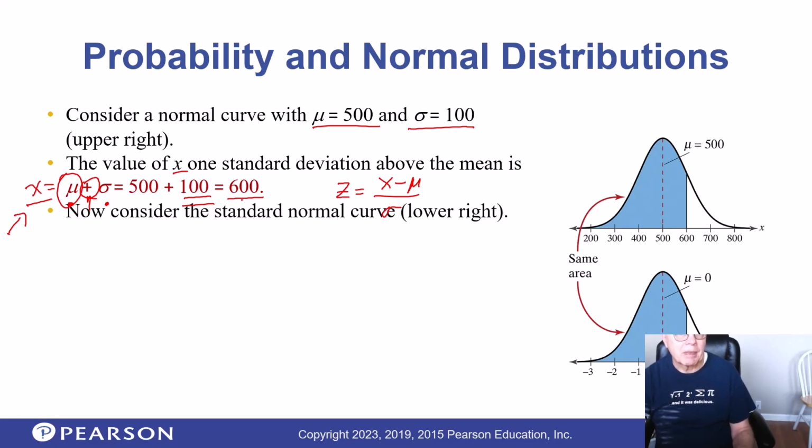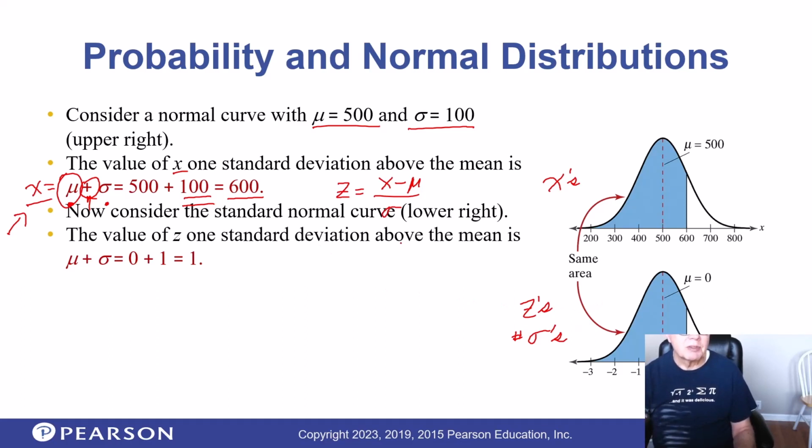Now let's look at the standard normal curve because that's what we've worked with so far. This, you might say, is for X's, and this is for Z's. Remember, the Z's are the number of standard deviations, right or left.